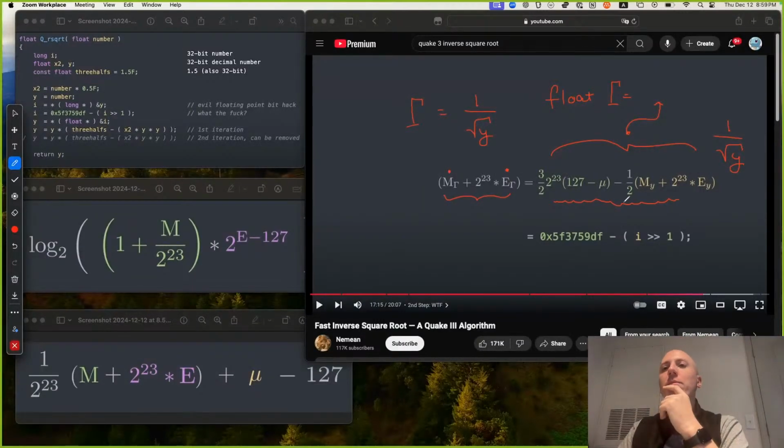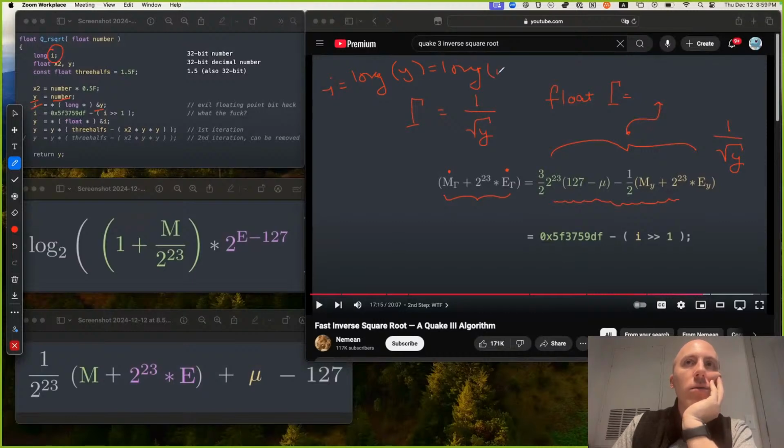Okay, and I recall that the number went into y, and I is the long version of y, the long version of number.